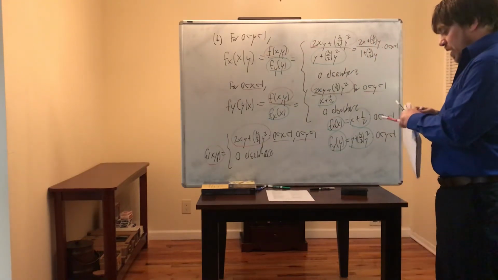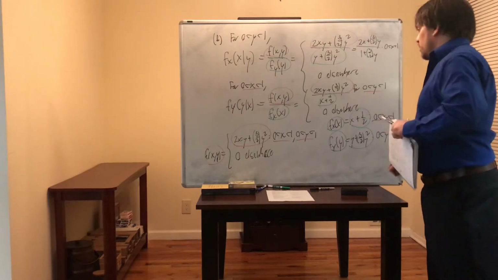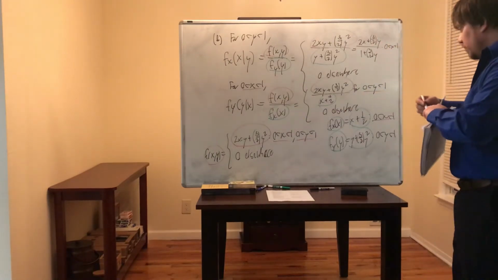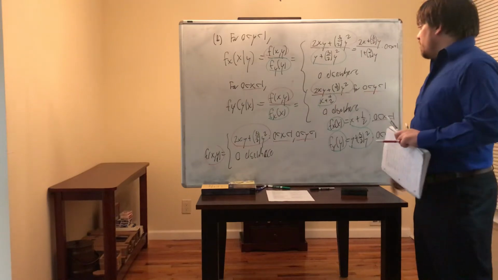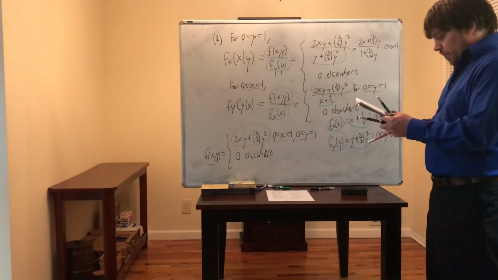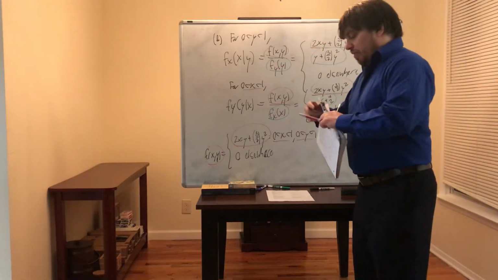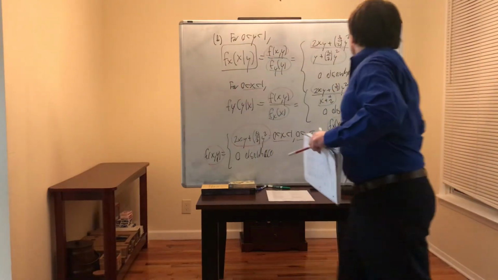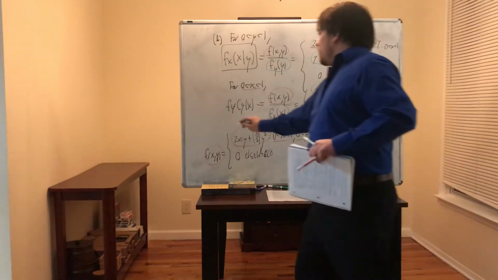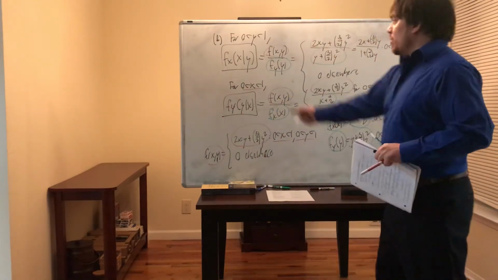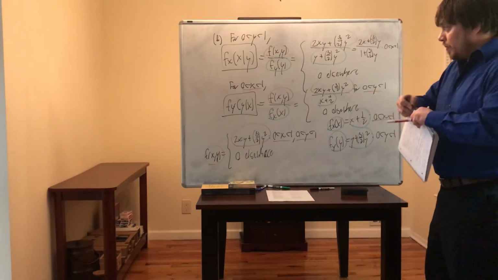Okay? And so this divided by that for those values. Okay, so now we found this is this, and we found this is that for those values of x and y respectively.